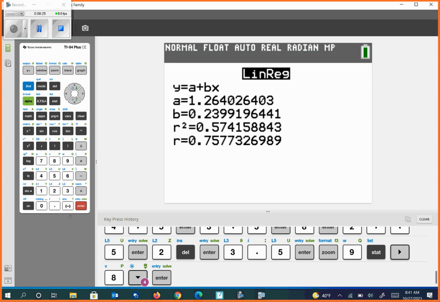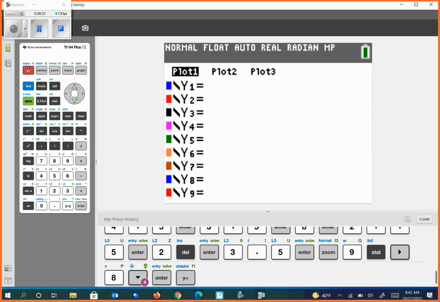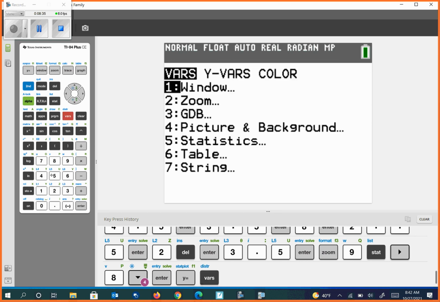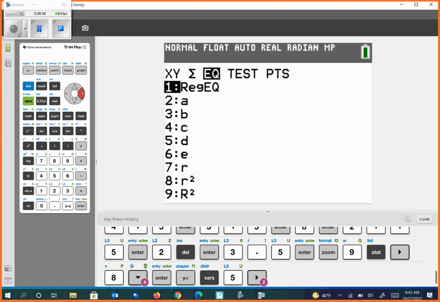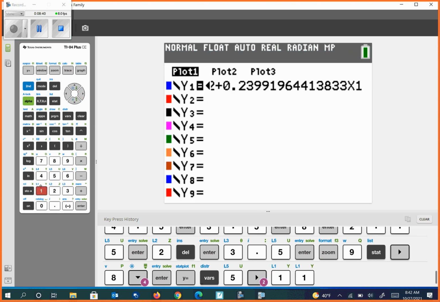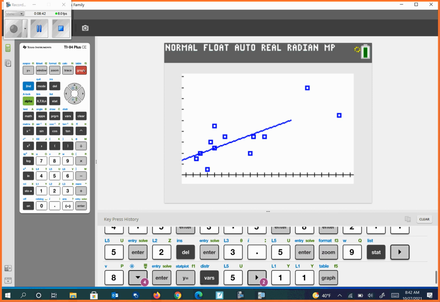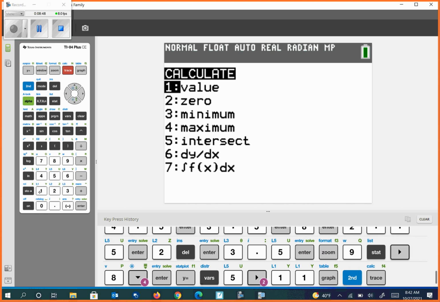Predict the length of the jury deliberations for a trial that lasts 8 hours. All right, so what I can do is I'm going to go Y equals, hit vars, then to statistics, over to equation, hit enter, hit graph. I want to do something that takes 8 hours, so I'm going to go second calculate a value.